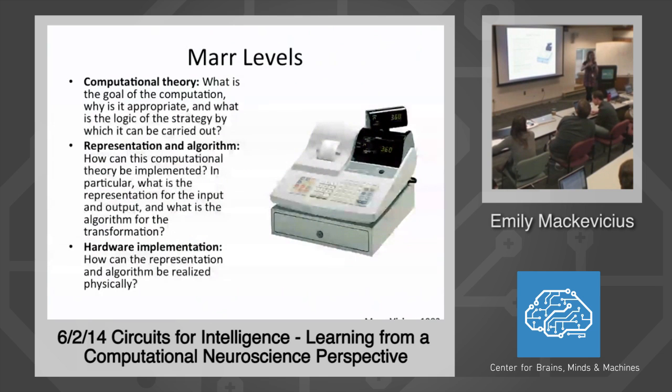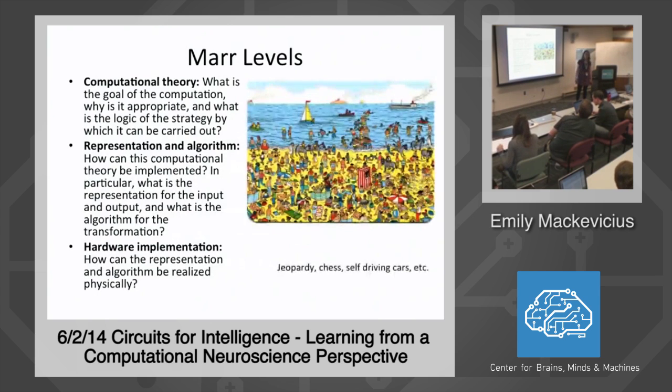with the answer. So those are the 3 Marr levels for the cash register, and we think about the Marr levels for a wide variety of tasks. For example, object detection. So where's Waldo? I think he's here, and there are a lot of tasks like this. For example, solving Jeopardy, chess, self-driving cars.